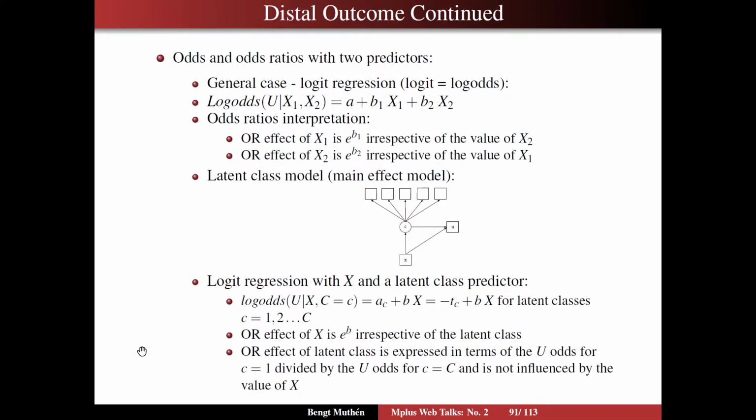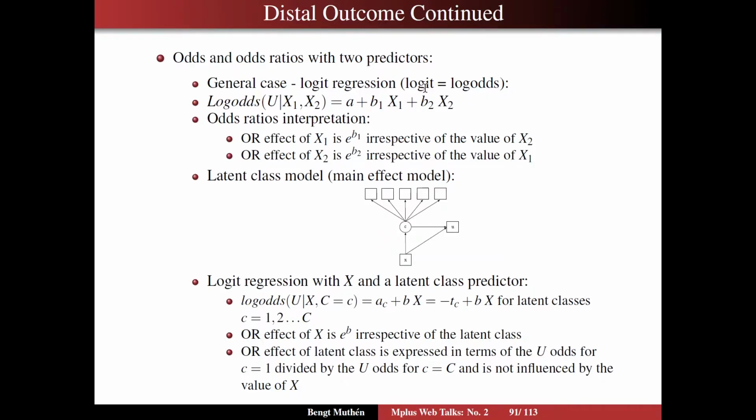Slide 91, then, we have odds and odds ratios for two predictors. For an equation, log odds for u, a binary variable, as a function of two x variables: a plus b1 times x1, plus b2 times x2, where the log odds is the same as a logit.